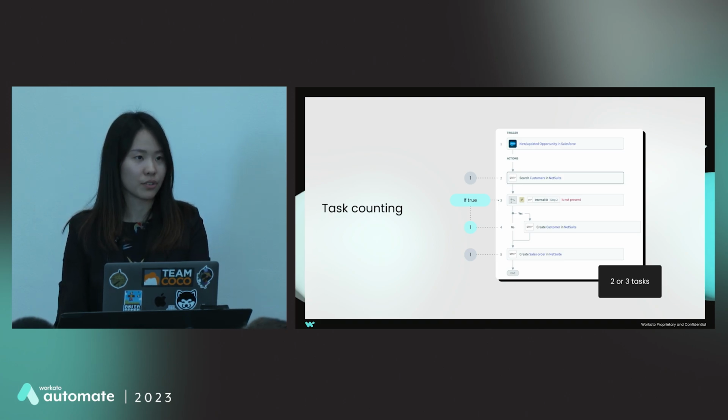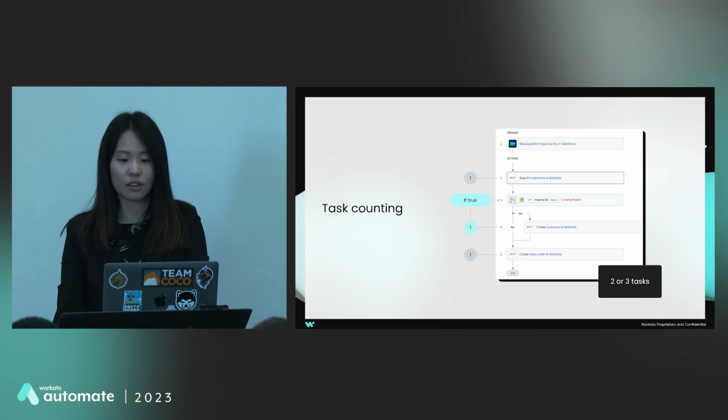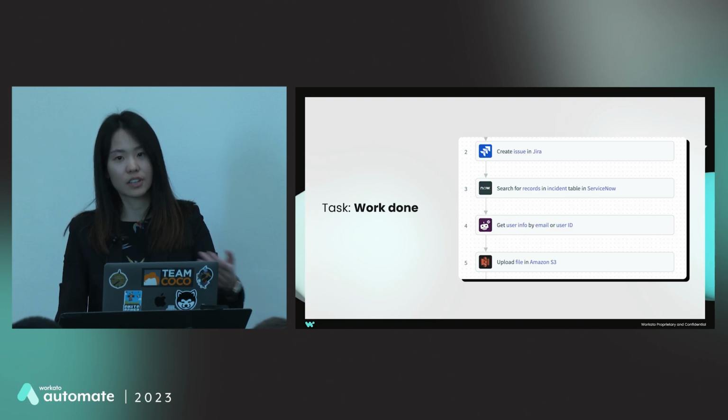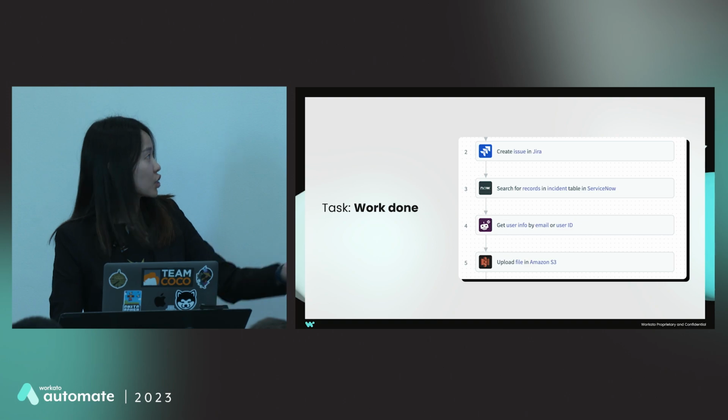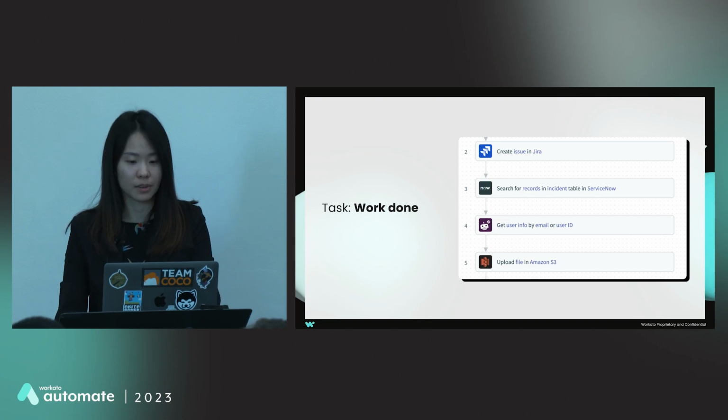So when you think about this, it's very important to consider building and structuring good recipes, and not just think about tasks as solely a billing consideration, right? So essentially, every time Workato gets something done on your behalf, that's a task, right? Whether it's creating an issue in Jira, whether uploading a file in S3, right? Very different types of actions, but task definitions today are kept pretty simple in the current model. Pretty consistent for simplicity's sake, basically.